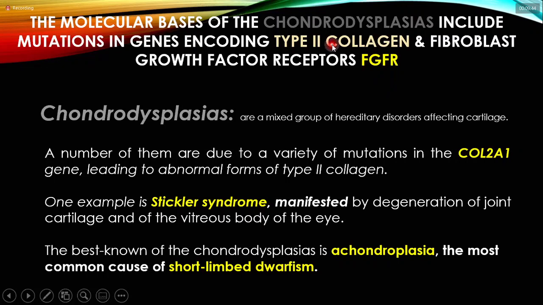Now, collagen type 2 is a structural protein. If a structural protein has a mutation, we can understand that if there is a problem in the structure, we could have abnormal chondrocyte structure as well as the development of what's called chondrodysplasia, which is abnormal growth or abnormal structure of the cartilage.